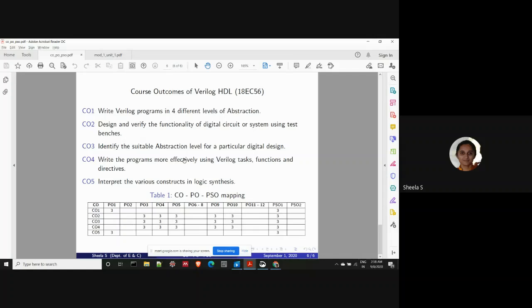So we need to think what type of functions we have to write, what are the required directives we have to use, which part of the code can be considered as a task and which can be considered as a function. All these things we will be analyzing and designing.